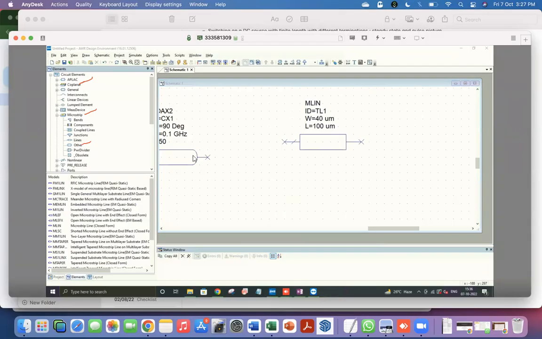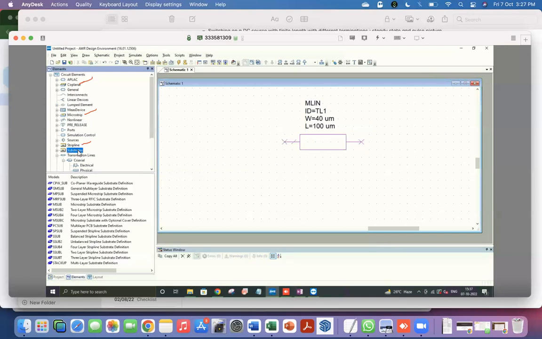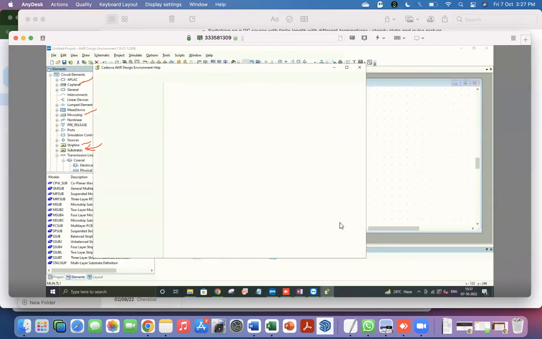So you have to specify that separately, and it's a sort of odd way of doing this. Let me get rid of this. Let's see if I remember where to find it. Yeah, so right here, there is substrates. And you have to choose the right type of substrate. One can usually find that by going to the help here, and it will tell you the type of substrate definition it needs.